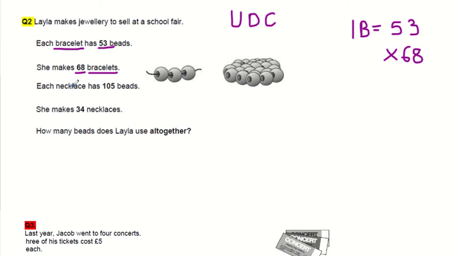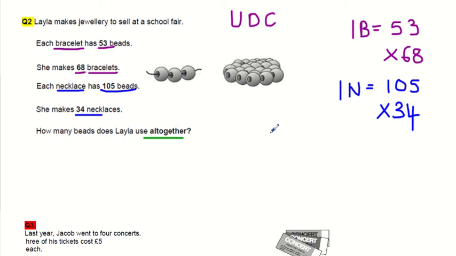Okay, let's look at the next part then. Let's try and understand the next bit. So each necklace has 105 beads. So one necklace equals 105 beads. And she makes 34 lots of necklaces. Okay, how many beads does she use all together?